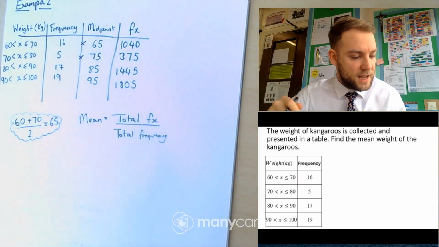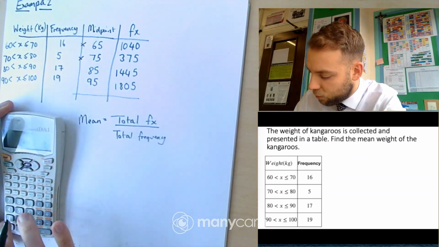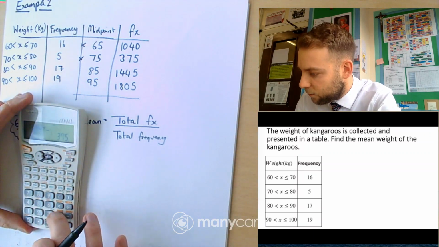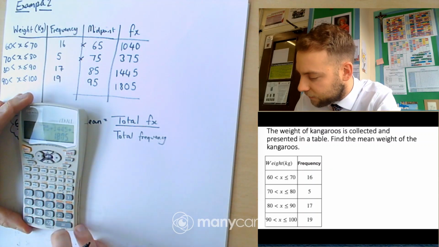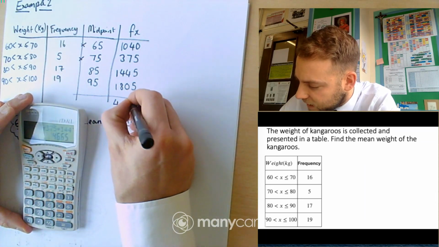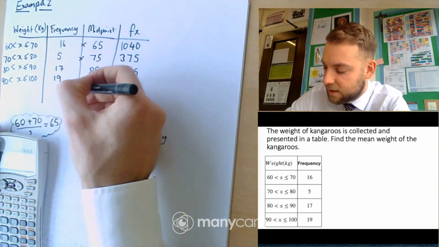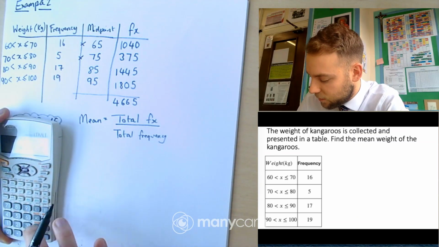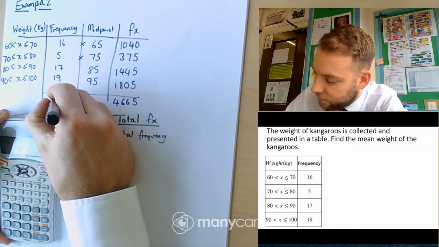Your total FX in this case is all of these added together: 1040 plus 375 plus 1445 plus 1805, which is equal to 4665. And divided by your total frequency, which is this column here: 16 plus 5 plus 17 plus 19, which in this case is 57.